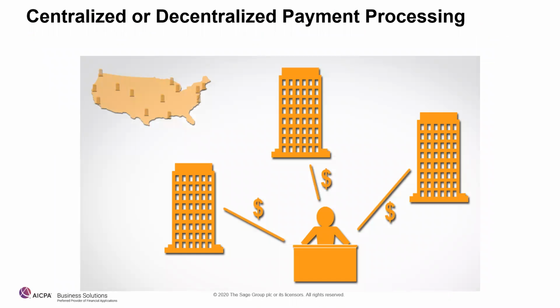We'll also be able to address how you want to pay for these bills. So whether you want to use centralized or decentralized payment processing, if you're managing multiple healthcare facilities, each facility may pay their own bills, or you may pay that out of your corporate office. So you may be doing centralized payment processing. You may be doing centralized purchasing.